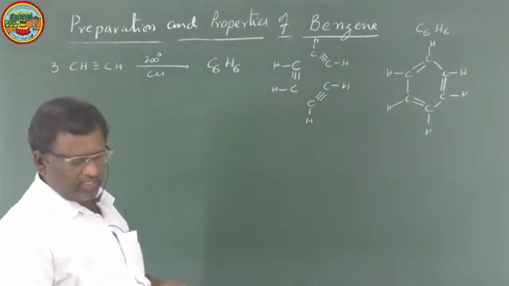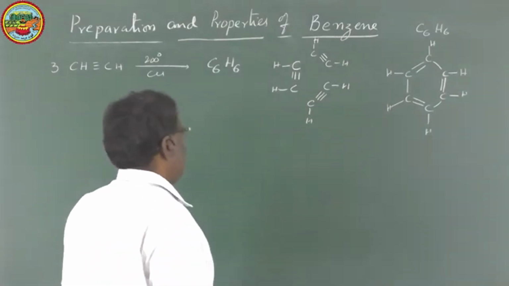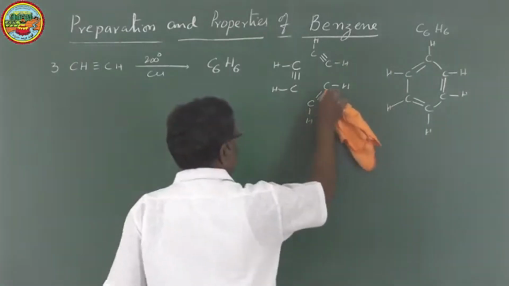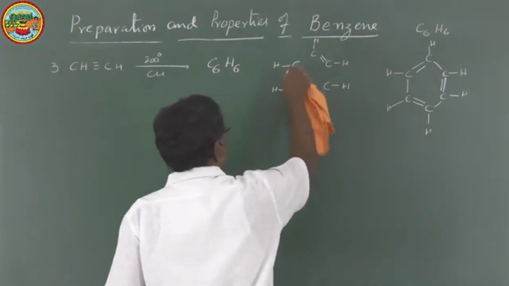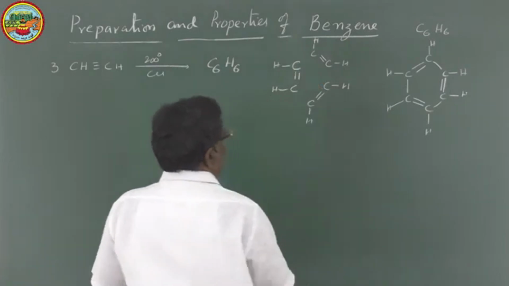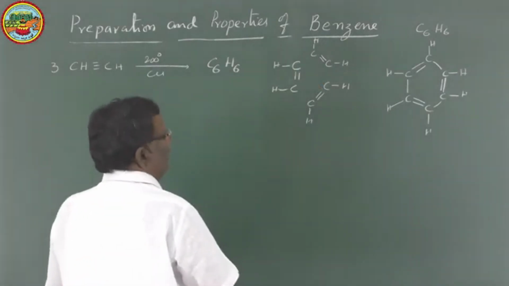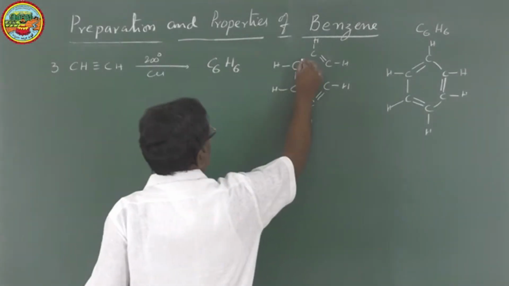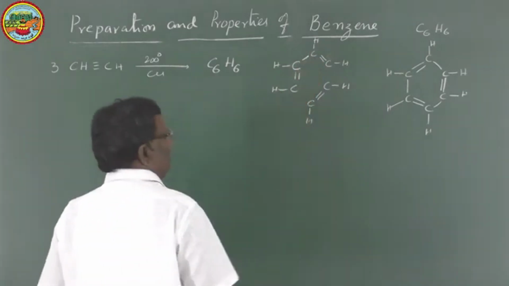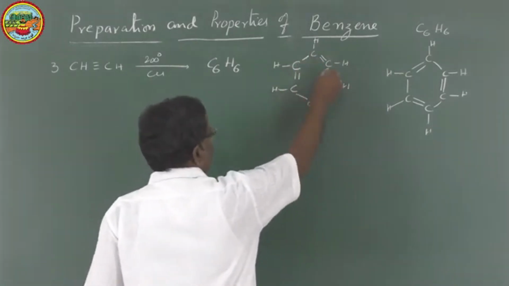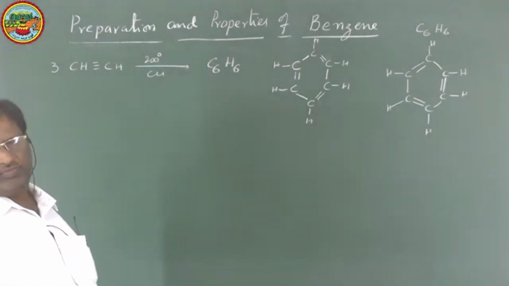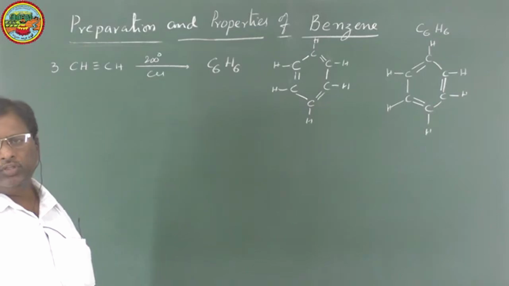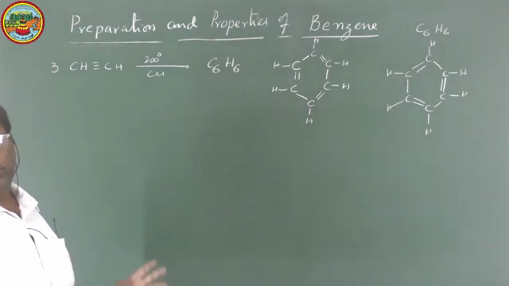Now during polymerization, what happens? One of the pi bonds in each molecule is broken, so that only 2 bonds remain. The freed pi bonds form single bonds with adjacent carbon atoms like this, which gives us benzene. This is the formation of benzene by the polymerization of acetylene.